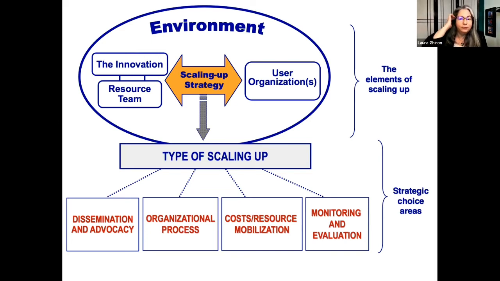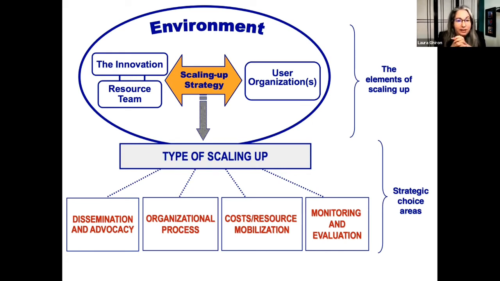So the framework is laid out in two of the tools, Practical Guidance and the 9-Step Approach document. And so I'm not going to be able to go into tons of detail here, but it is really helpful to go through those tools and understand each of the elements in the top half of the framework, as well as the strategic choice areas and how they relate to one another, and how changes in one might affect the others.